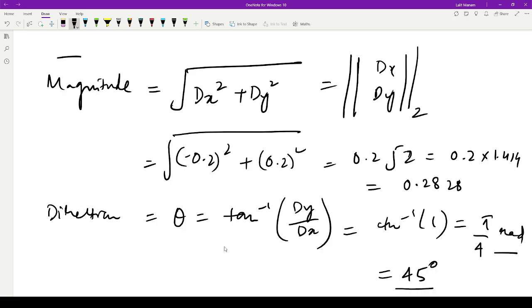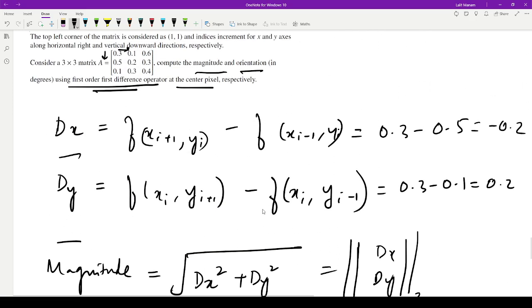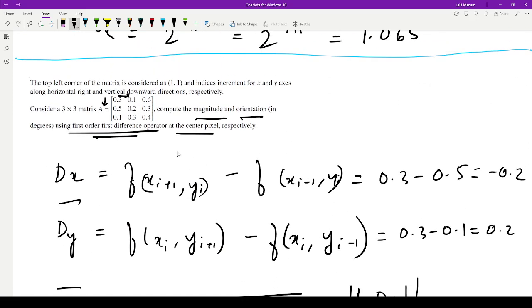Is this fine? Yes, sir. Okay, this was a pretty simple question. It's just that we need to understand what the difference operator is. We are not taking any derivative here, so it's just a difference operator, simple differences. Okay, we'll move on to the next question.